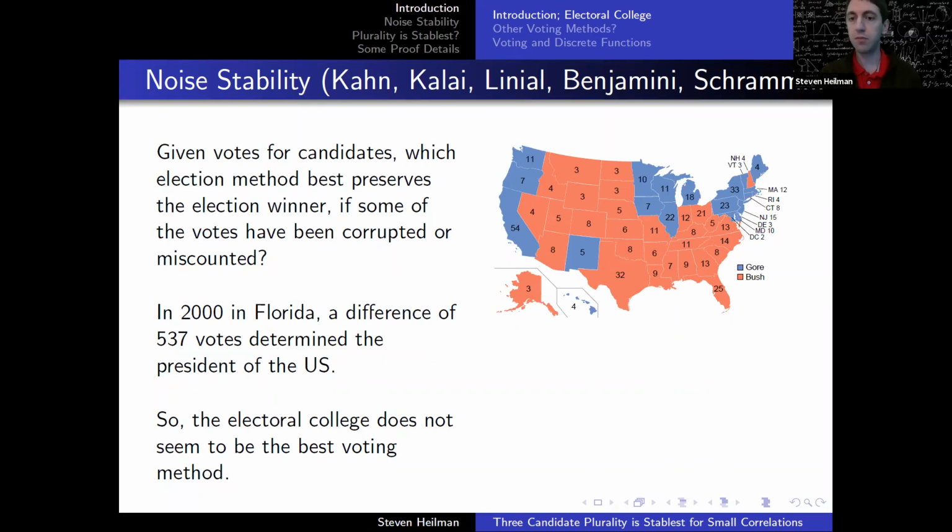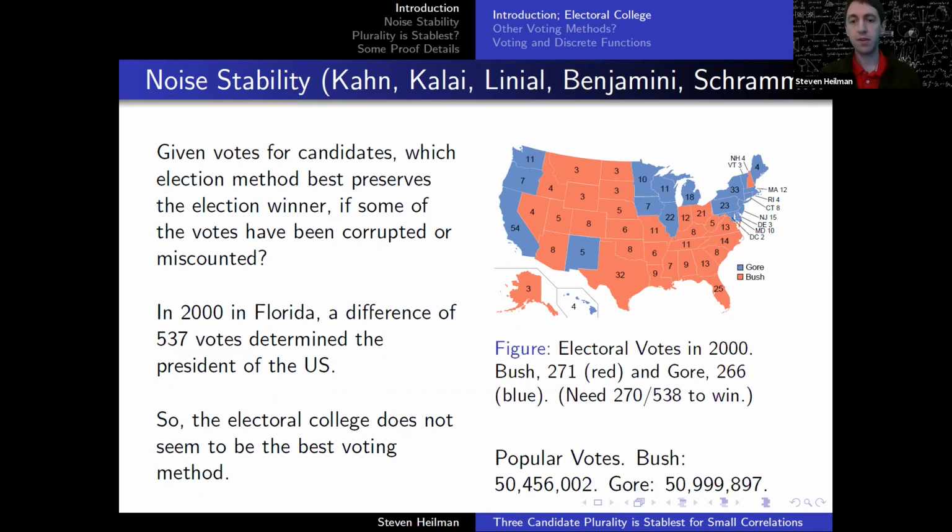I won't dwell too much on the Electoral College, but in this particular presidential election there were about 500,000 more popular votes for Gore. Nevertheless, due to the way the Electoral College works, it's like a weighted majority vote, where each state is weighted a different way. Florida ended up being the tipping point in that particular election.